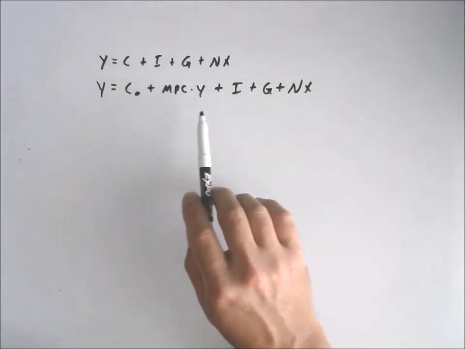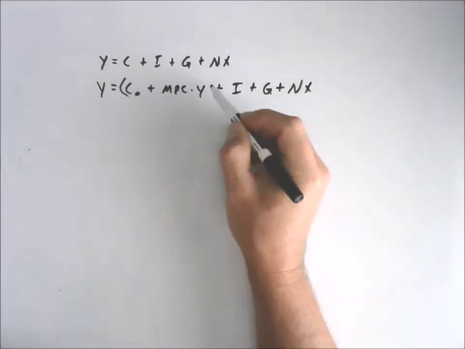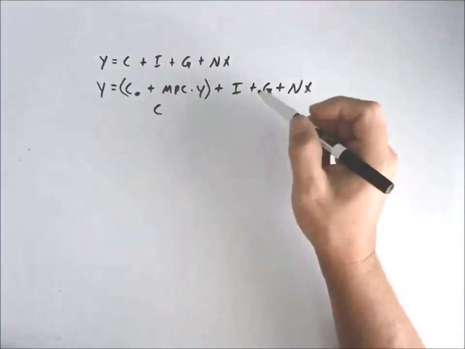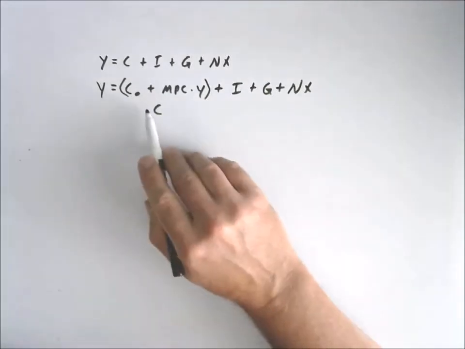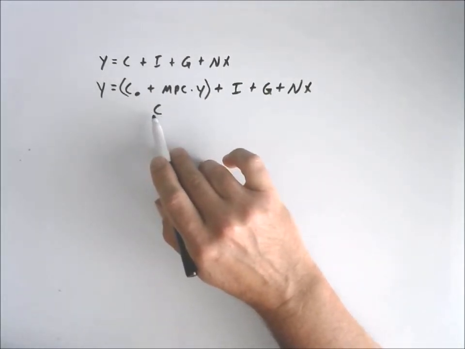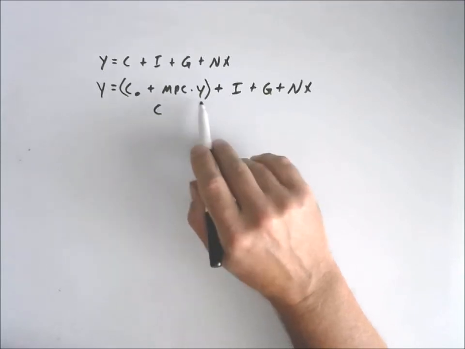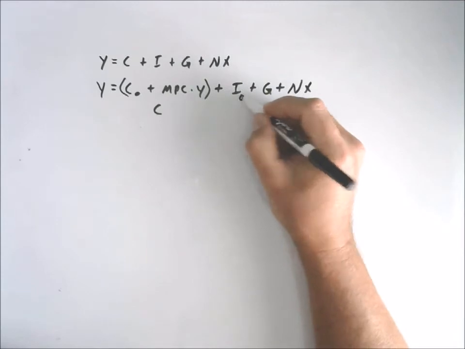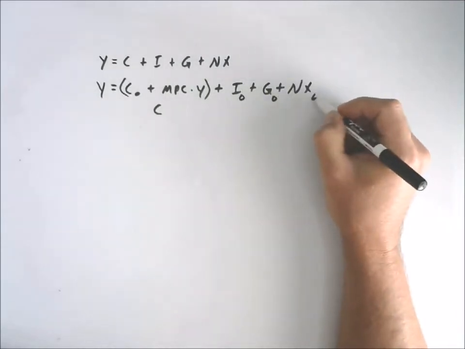Now, what we're going to consider is this: this is the consumption function, that's C, and we're going to ignore that for the moment. Consumption is induced spending, because it's dependent upon your income level. We're going to consider these other variables to be autonomous.